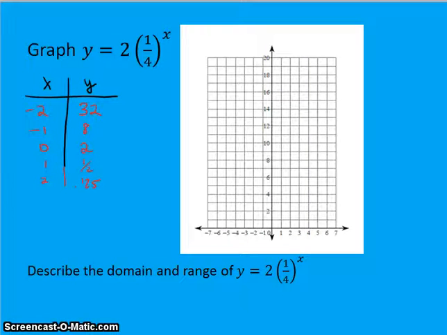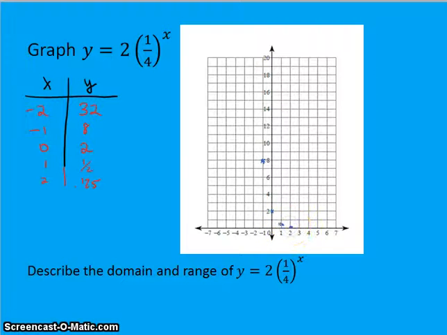So if we plot those points, we'll skip the negative 2, 32, because that one's going to be off our graph, but negative 1, 8. So you see how fast it's going to fall. It's going to start way up here, fall to 8, and then cross here at 0, 2, 1, 1/2, and then 2.